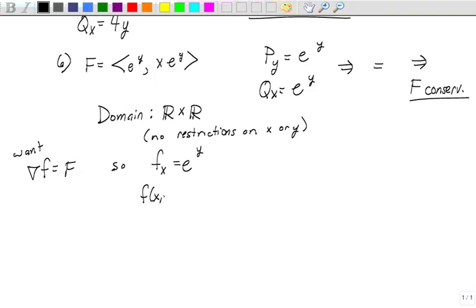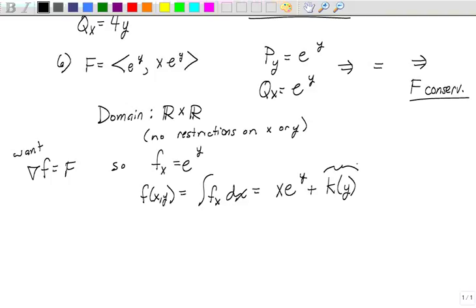And if we integrate this with respect to x, we're going to get x e to the y plus the constant. Now this constant is not really a constant. It could be a function of y, because when you take the derivative with respect to x, that'll go to 0.